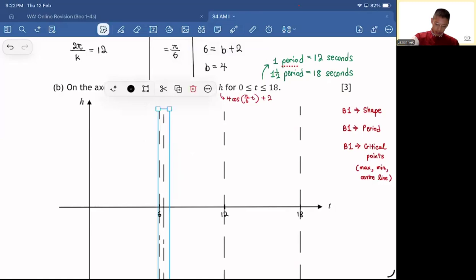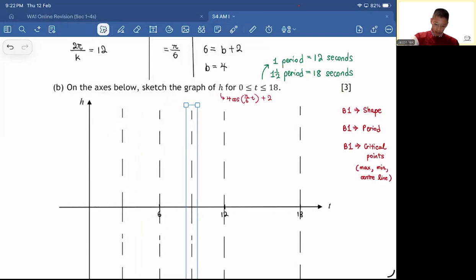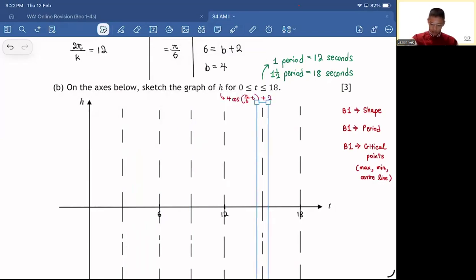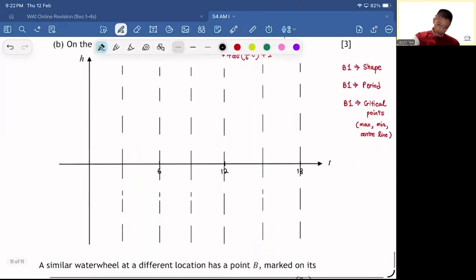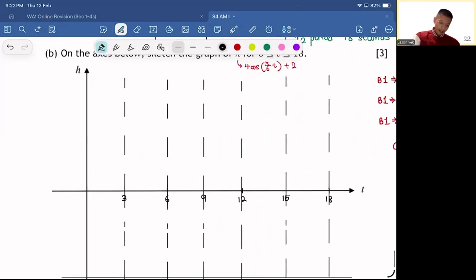Because one period is 12, I need to split it nicely over here because I know the behavior of one cycle, which is usually split into 4 parts. Before I split it even more, and then I write the numbers. So I have 3, 6, 9, 12, 15, 18, in between.